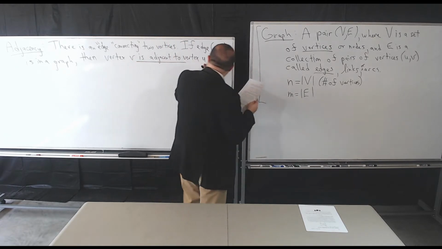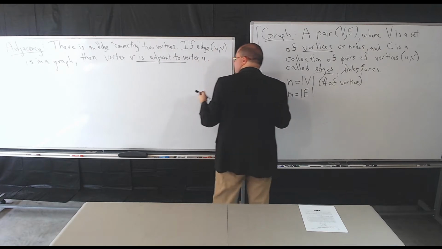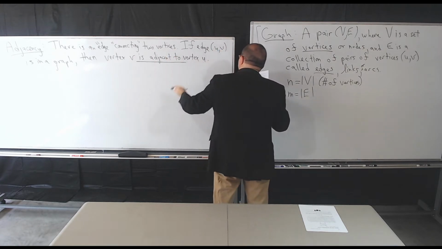So this is all in relation to u here. So v can be one neighbor.